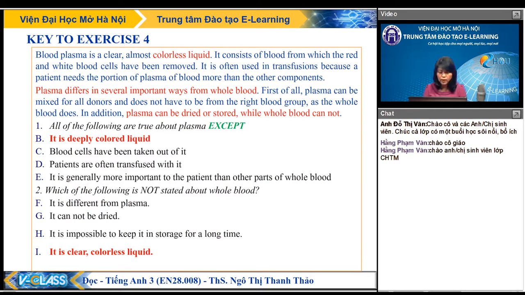First of all, plasma can mix with all donors and does not have to be from the right blood group, as the whole blood does. In addition, the plasma can be dry stored, while the whole blood cannot. Okay, so the answer here.